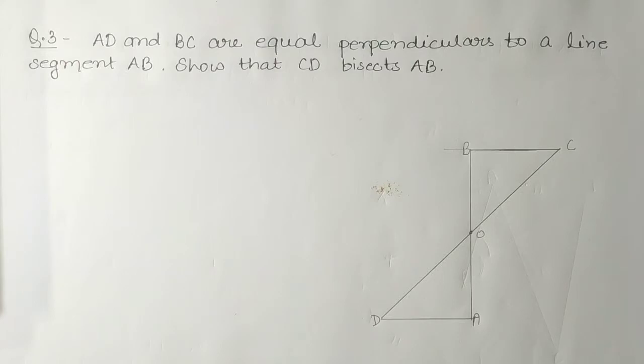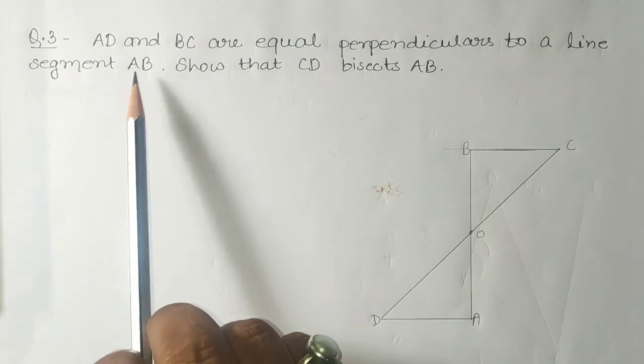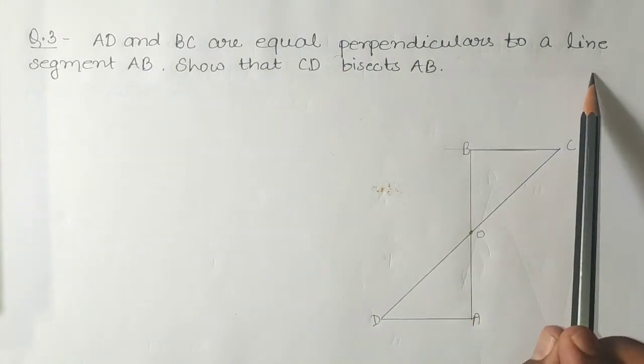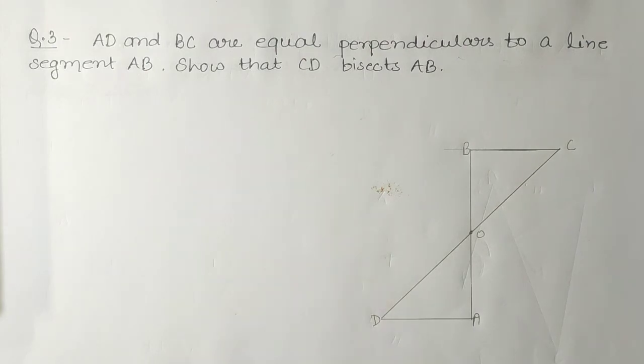So let us see question number 3 of exercise 7.1. The previous two questions, question number 1 and question number 2, we have solved in part 3 of this chapter. So let us see what question number 3 is. AD and BC are equal and perpendiculars to a line segment AB.